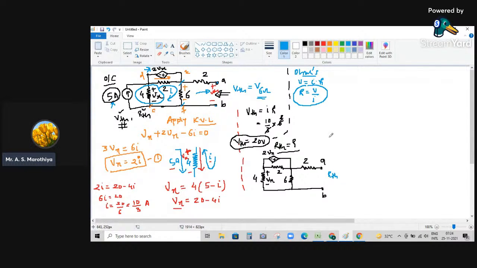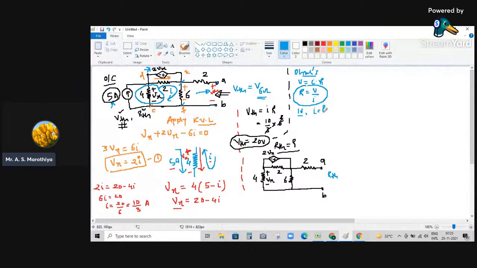So what we are going to do is connect a very small value of voltage source in this circuit, across terminal A and terminal B. That value may be anything, but normally we take it as 1 volt. So we connect a 1 volt active element in this circuit, and we try to find out the value of current supplied by that 1 volt voltage source.